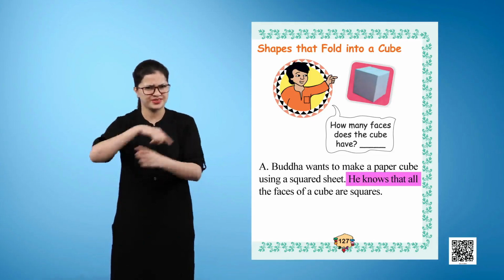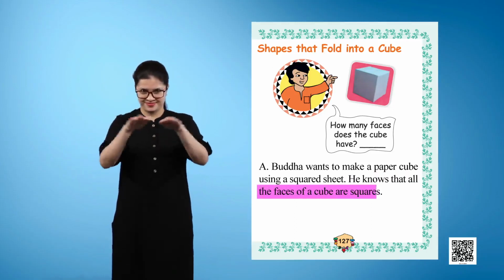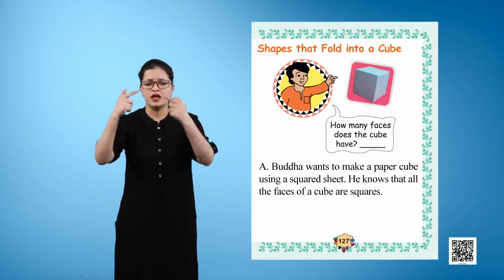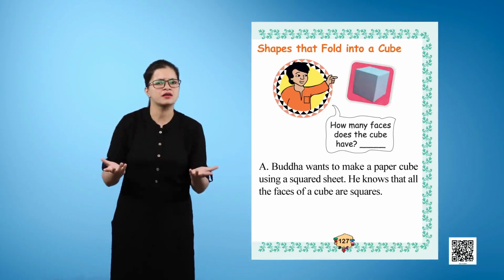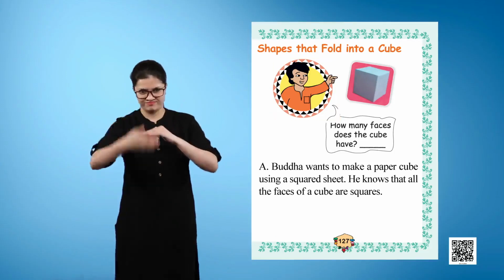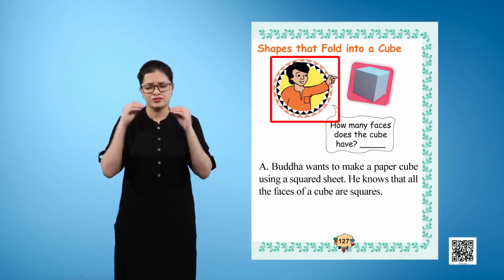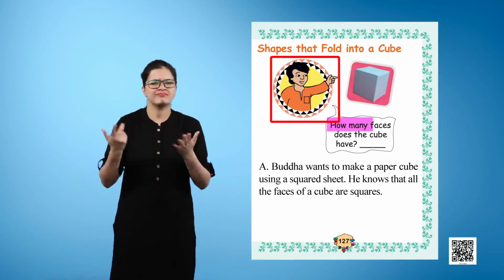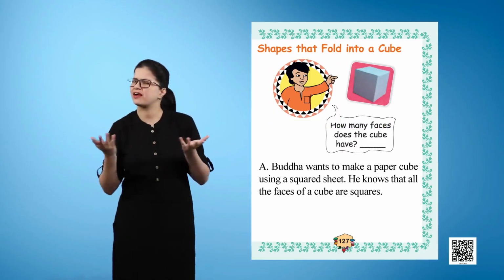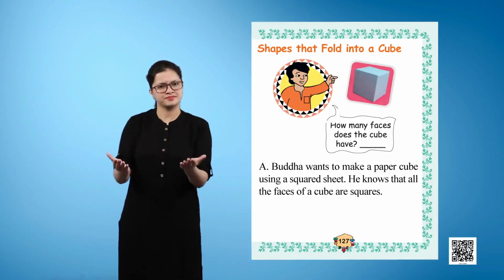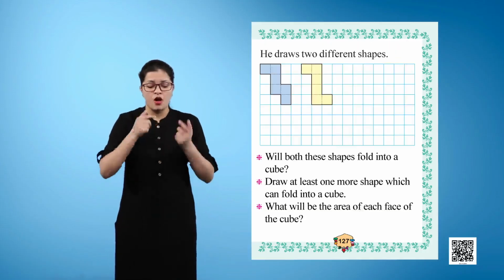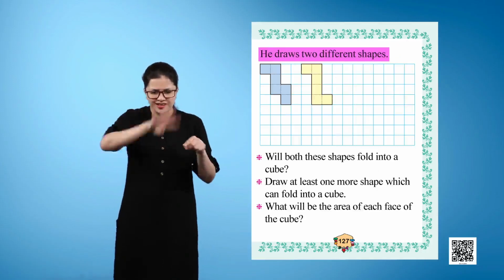He knows that all the faces of a cube are squares. To the right side of the page on the top, we have a picture of Buddha thinking and asking himself, how many faces does the cube have? In his mind, he is seeing a cube. He draws 2 different shapes.